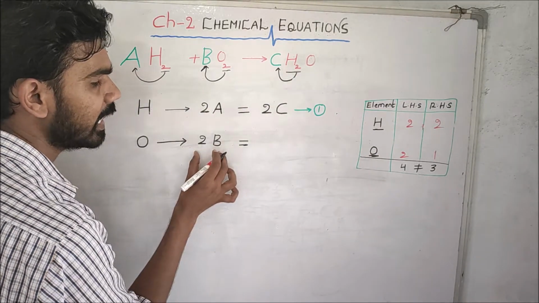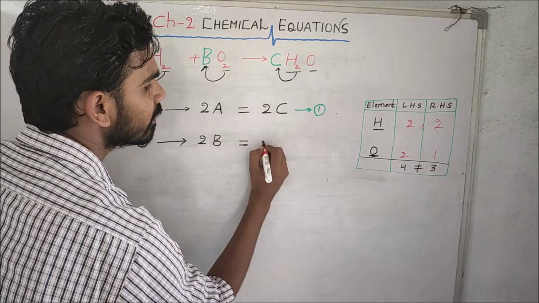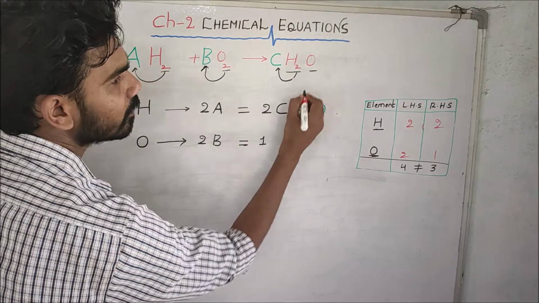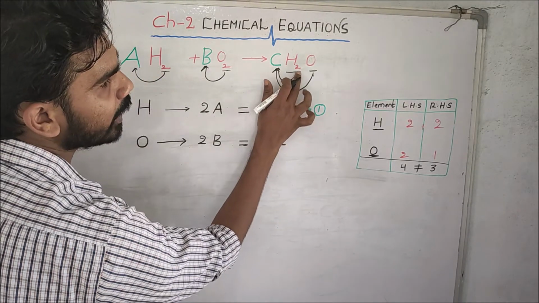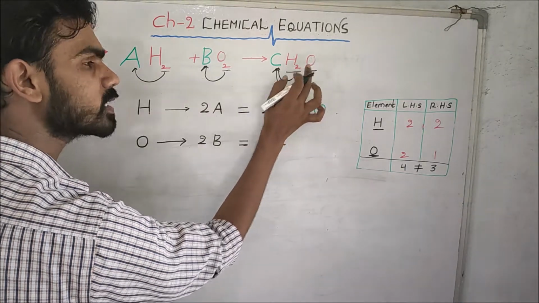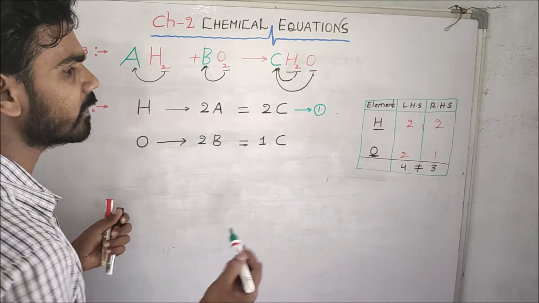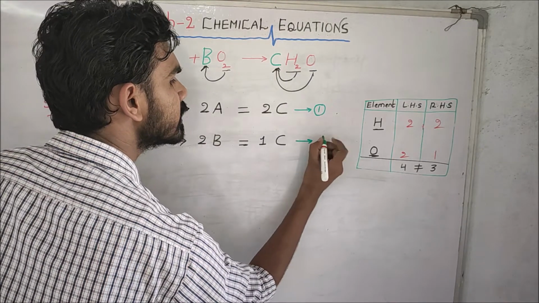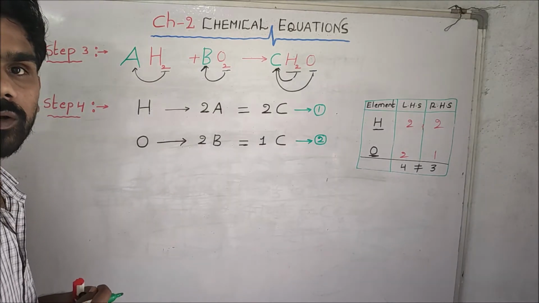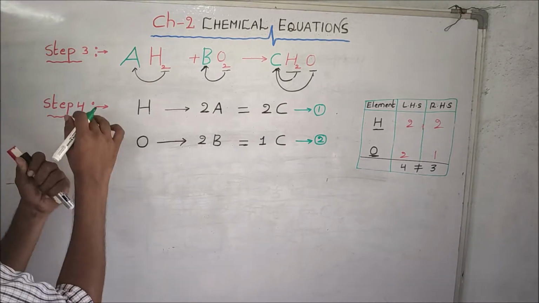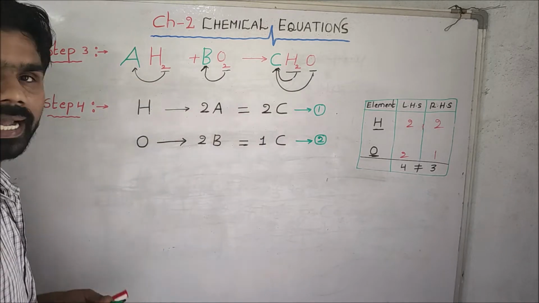LHS, RHS. On right hand side, how many are there? 1. Belongs to which family? C family. Here hydrogen belongs to C family, oxygen also belongs to C family. Now very good. This is equation 2, Nana. Now understood, beta? How I am writing, left hand side is equated to right hand side.